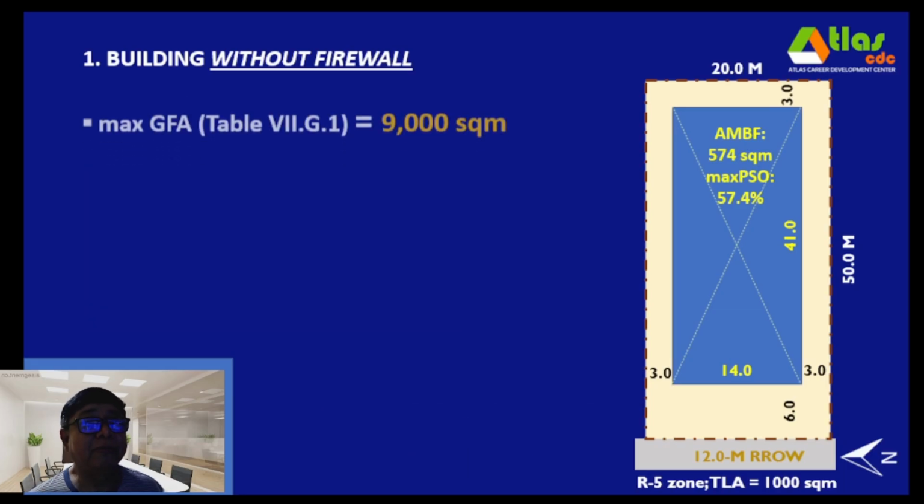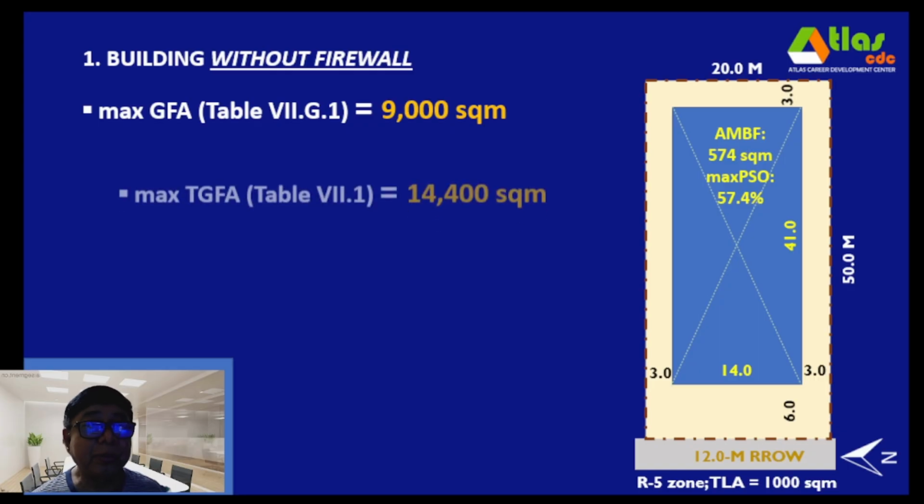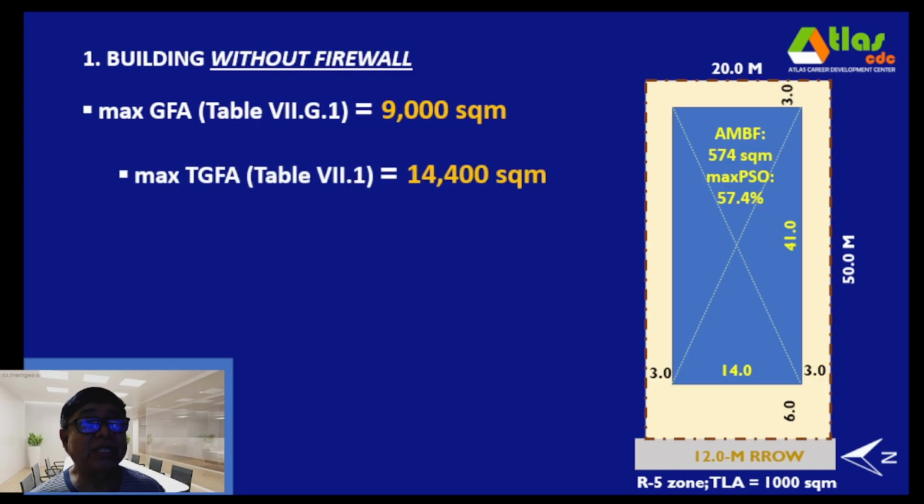So, i-finalize natin ang ating mga development controls tungkol sa floor areas ng building. Ang maximum GFA natin ay 9,000 square meters, nakabase yan sa table 7.G.1 or an FLAR designated table. At yung ating maximum TGFA galing sa table 7.1 is 14,400 square meters.